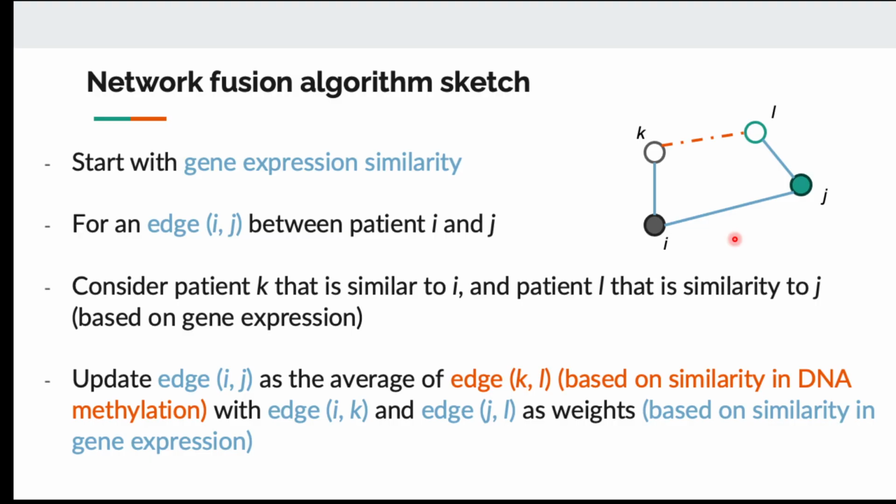So the network fusion algorithm's idea is to infer the similarity between I and J for the different omics by looking at the omics data on the neighbors, or the friends, of I and J, and use that information to stand in for the connectivity between I and J. Hopefully that shows you the concept.